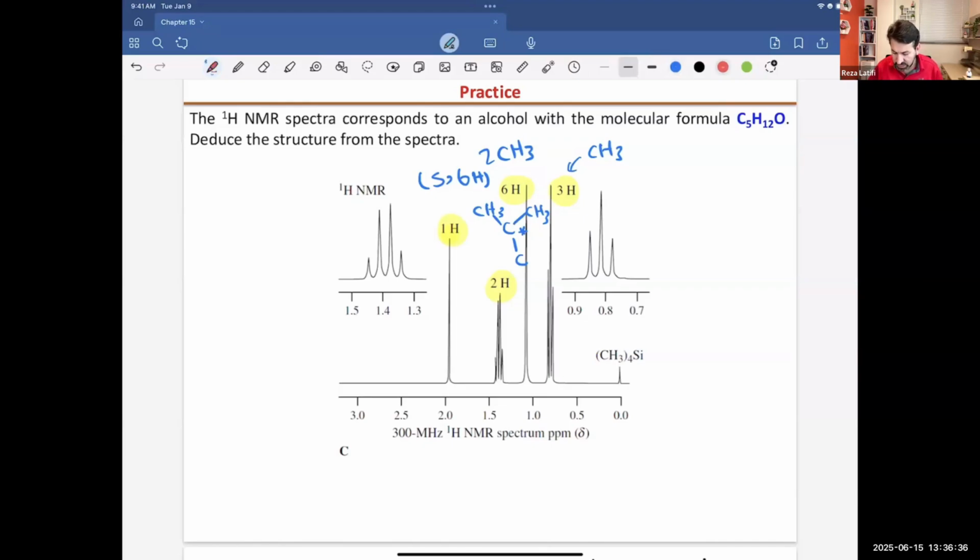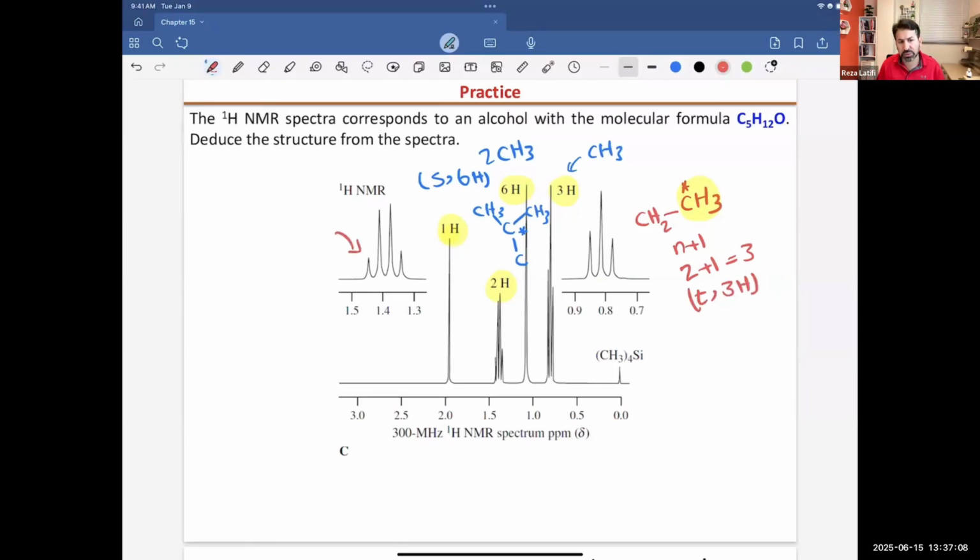So this is a methyl group that has a neighbor, and the neighbor must be CH2. The carbon with the star will get split by 2 hydrogens, and 2 plus 1 gives me a triplet. And the signal is going to have an area equal to 3 hydrogens.